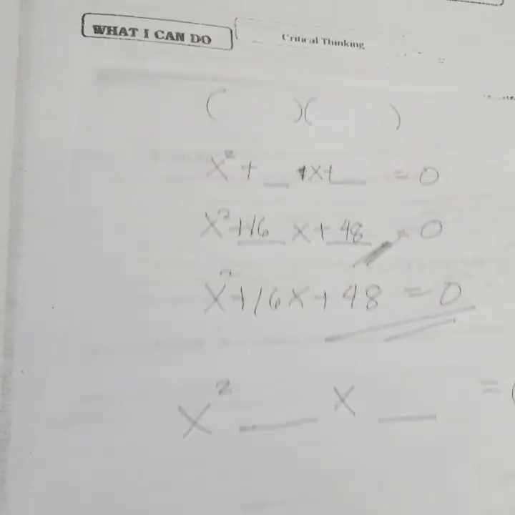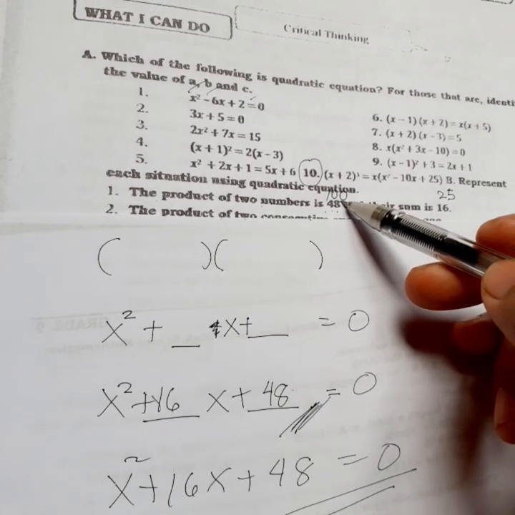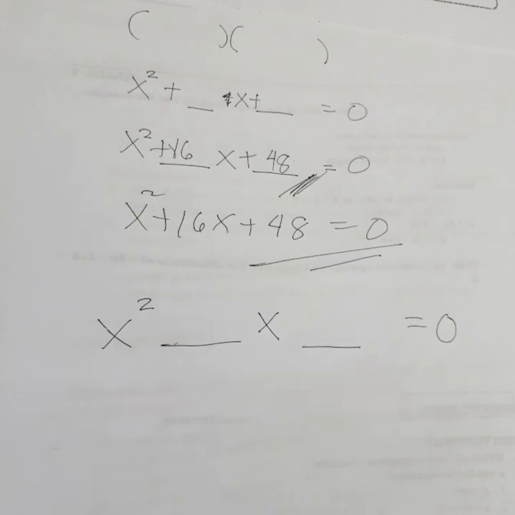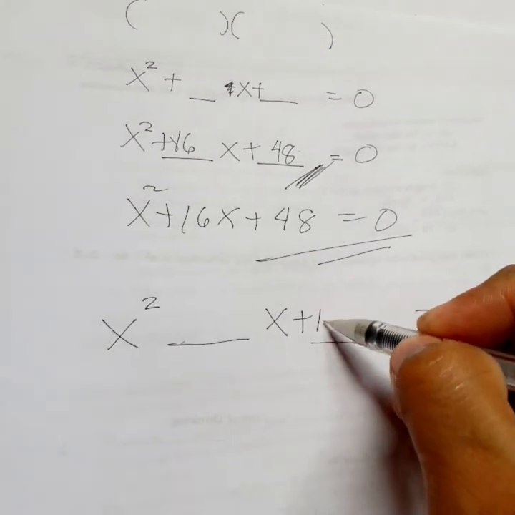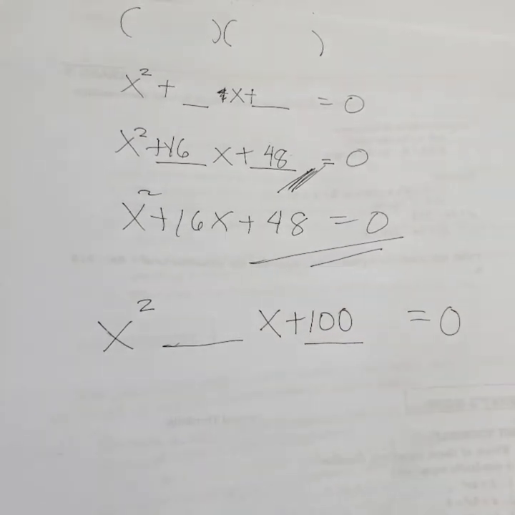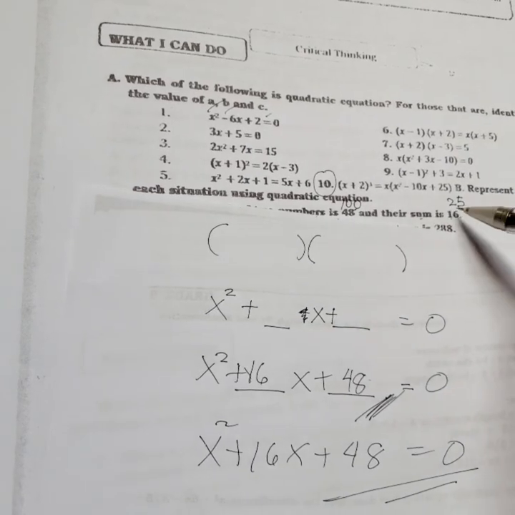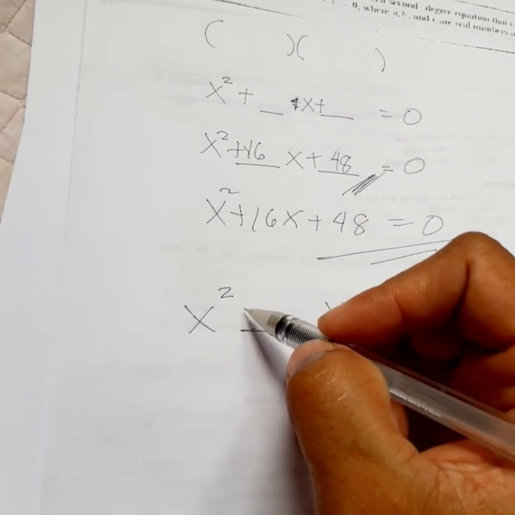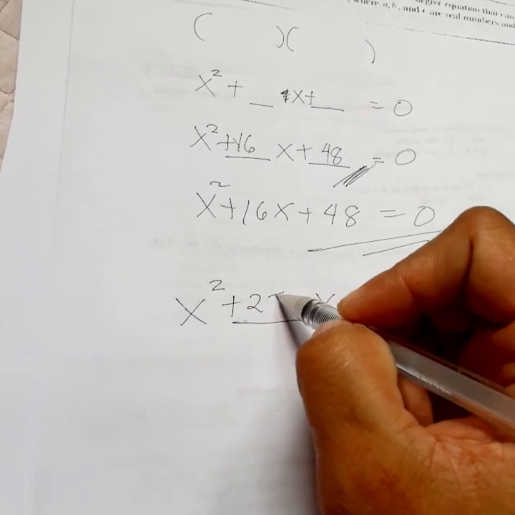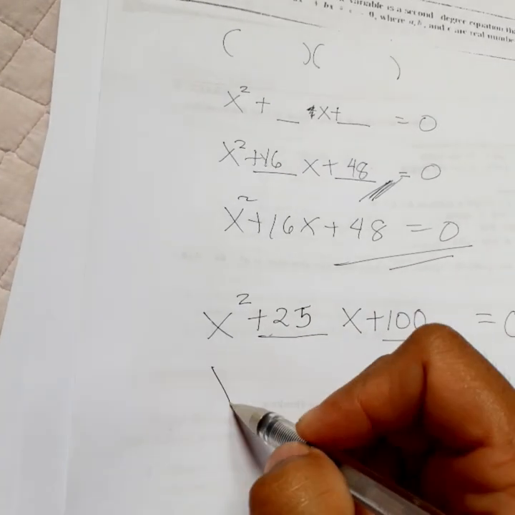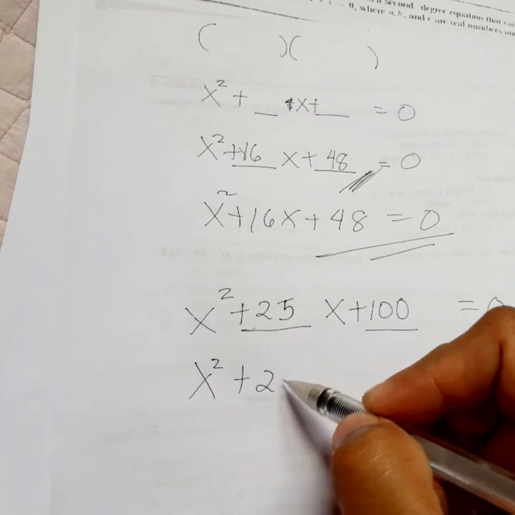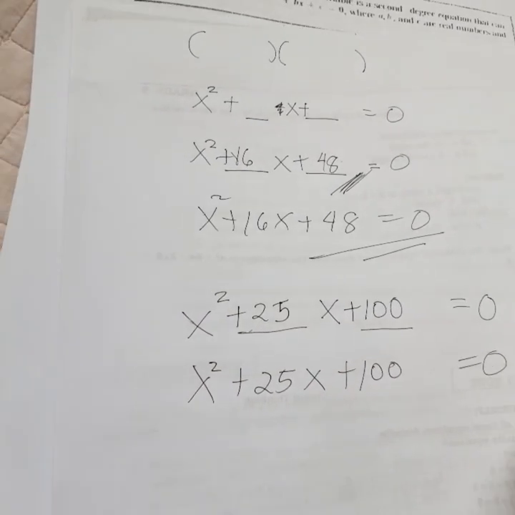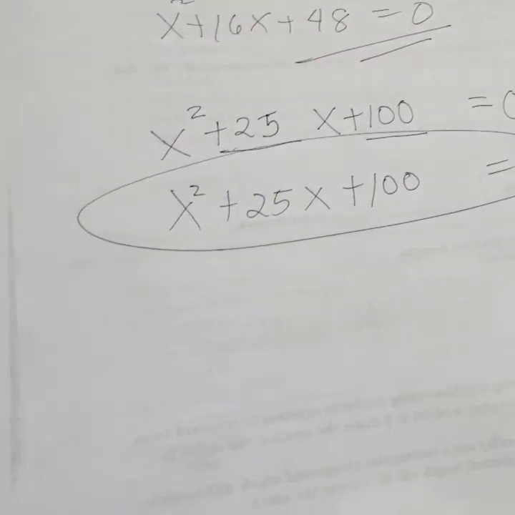Ang ilang product is 100, so plus 100. Ang ilang sum is 25, so plus 25. So we have the answer x squared plus 25x plus 100 is equals to 0. Ana ra kadali.